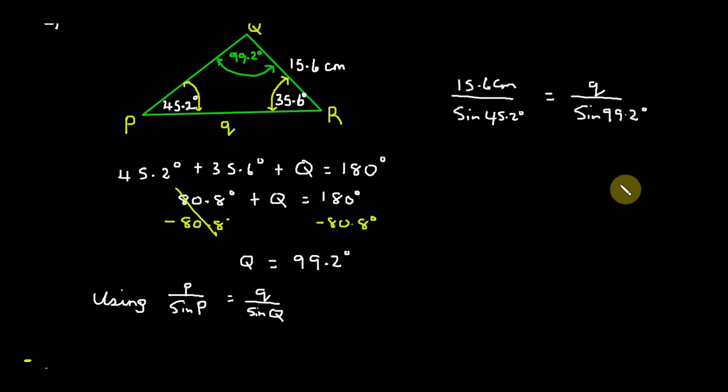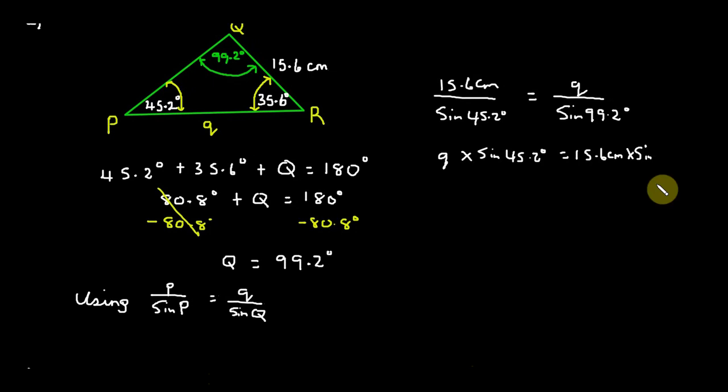So we cross multiply because our aim here is to find side Q. Cross multiplying, we have Q multiplied by sine 45.2 degrees is equal to 15.6 cm multiplied by sine 99.2.